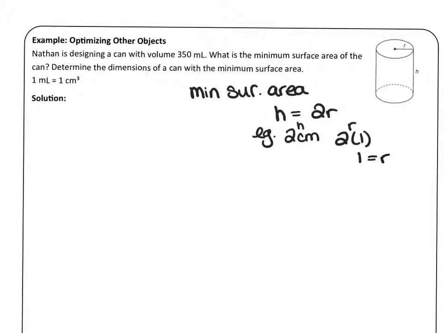So 2 times 1 is 2, but it also equals the height, which is 2. So we kind of got to work with that. You could also then say that the height is equal to the diameter, because that works as well.